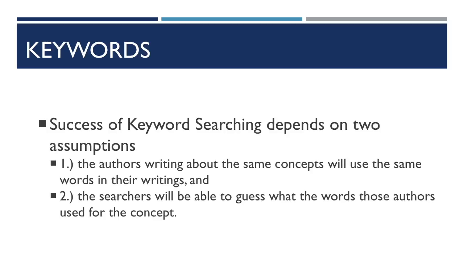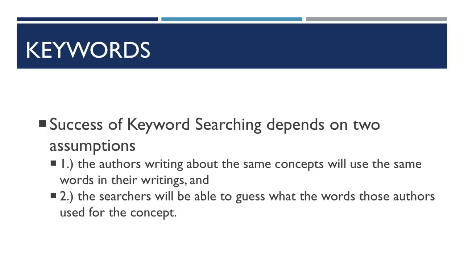Our text also touched on keywords, and the success of keyword searching depends on two assumptions. The first is that authors writing about the same concept will use the same words in their writings. The second is that the researcher will be able to guess the words those authors use for the concept.